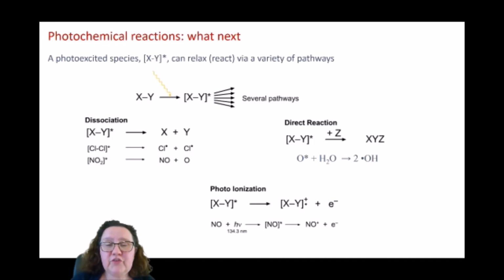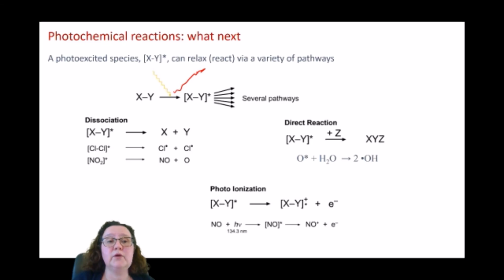Once a species has reached an excited state, it can evolve in several ways. Sometimes it will reach a lower energy state by just releasing back the energy that it has absorbed, and then nothing happens. But other times it will be able to produce different products, do something more than just absorb a photon of light and then expel it again.